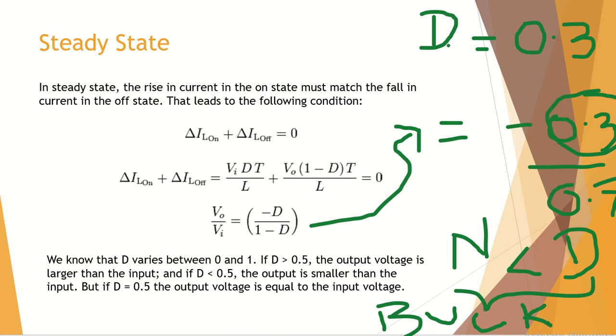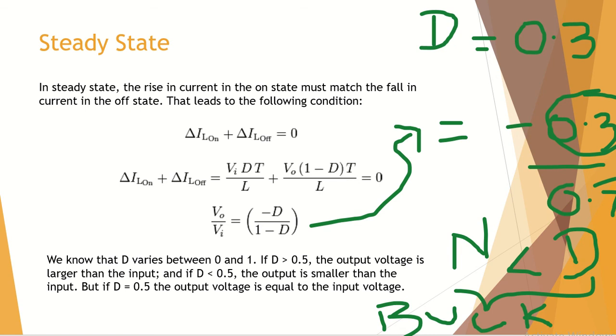If D is equal to 0.3, our numerator is less than the denominator, so this circuit will behave as a buck converter, because our output is less than the input.